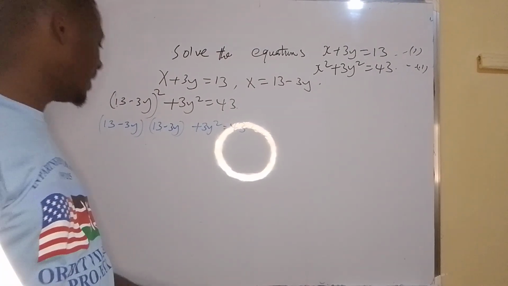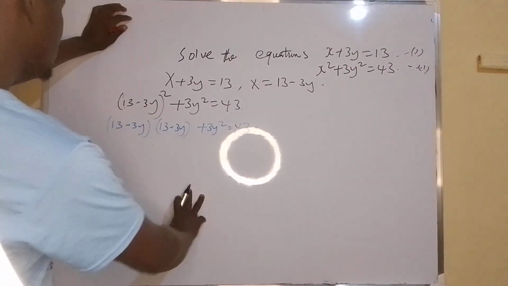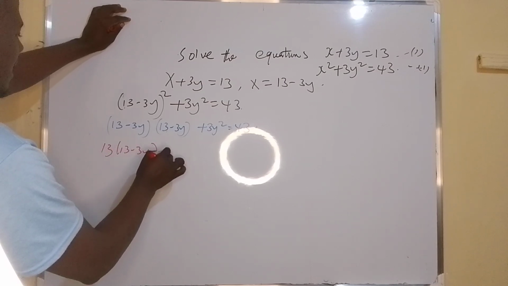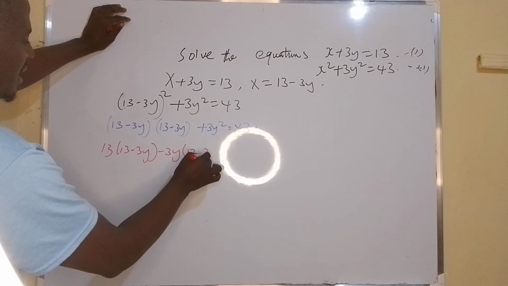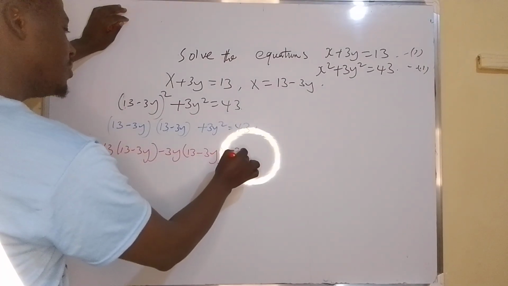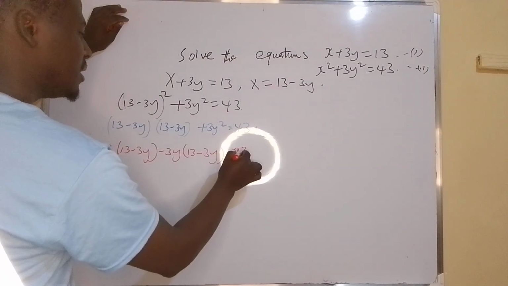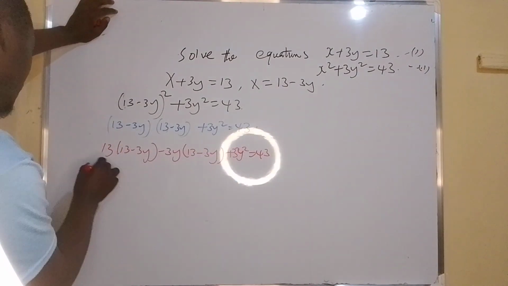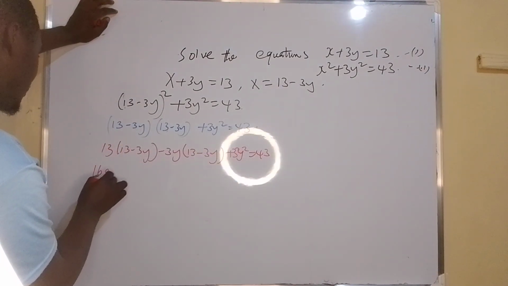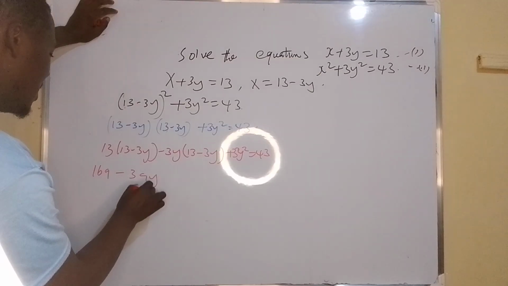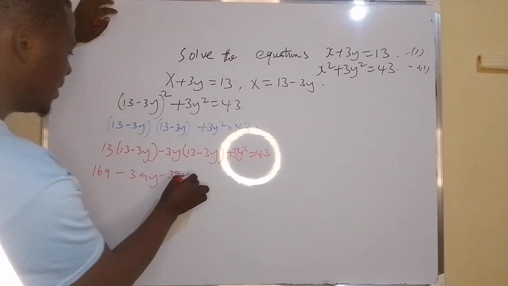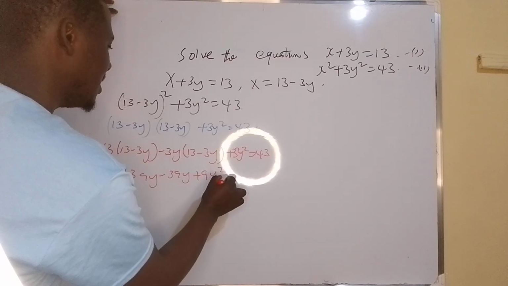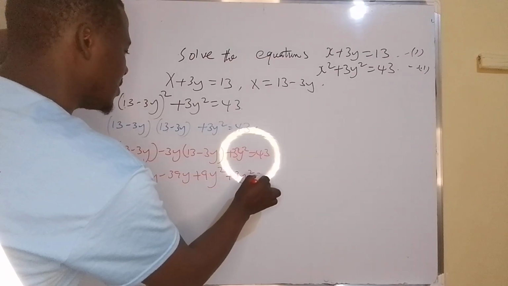You proceed by saying, this one gives you what? 13 into 13 minus 3y, minus 3y into 13 minus 3y, plus 3y squared is equal to 43. Expanding that, I'm going to get 169 minus 39y minus 39y plus 9y squared, plus 3y squared is equal to 43.